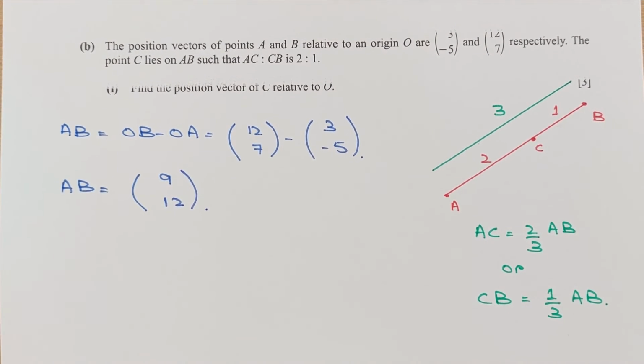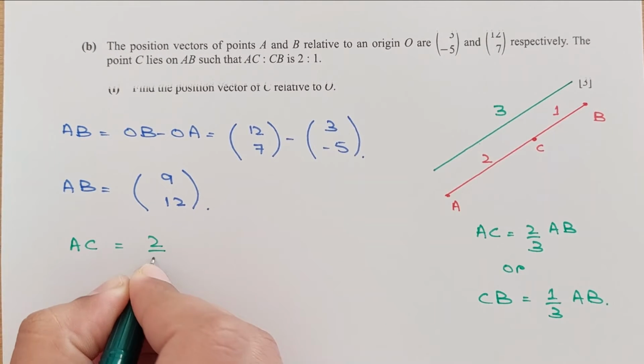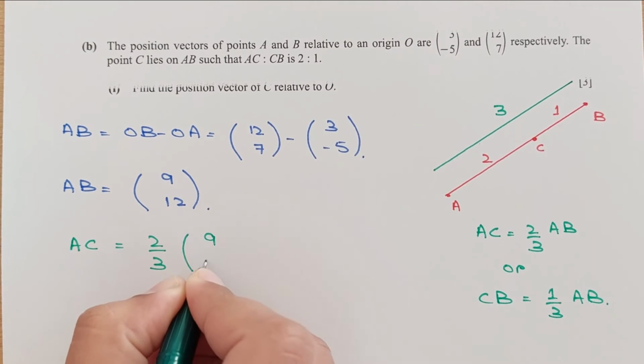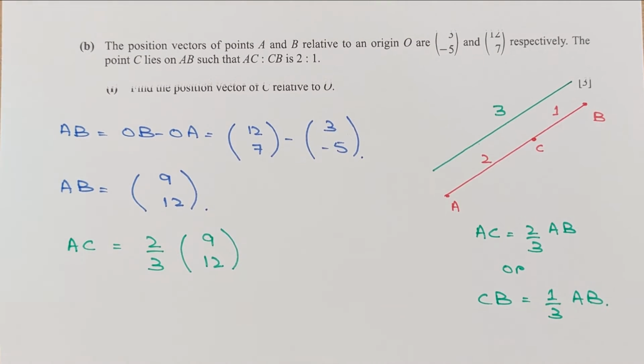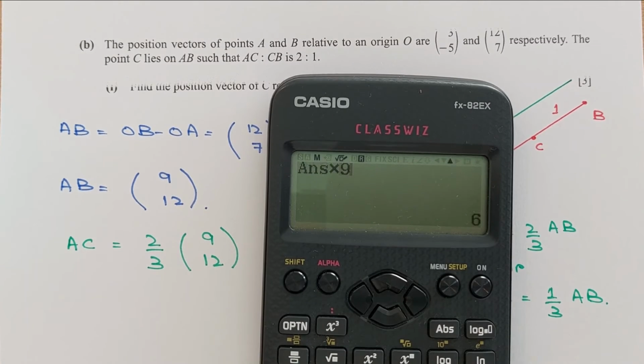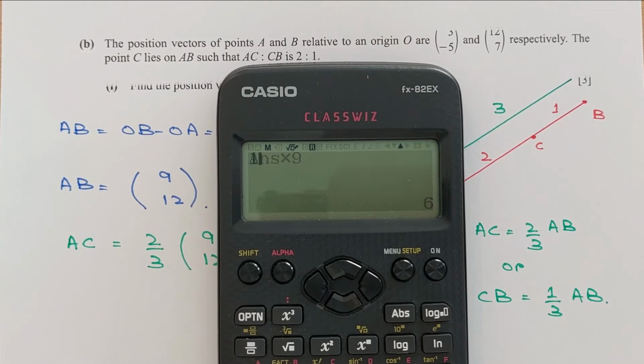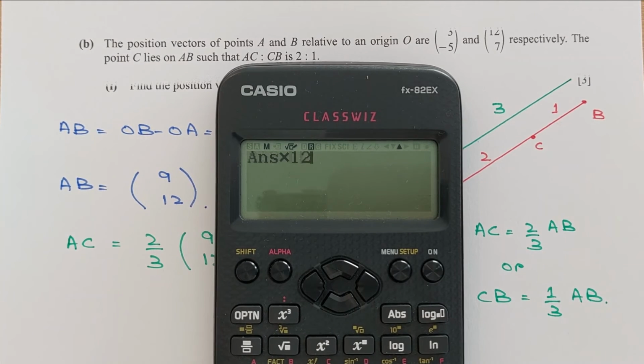Here I'm using the fact that A to C is 2 by 3 of AB. This is (9, 12). Now let me simplify. 2 by 3 of 9 is 6, and 2 by 3 of 12 is 8.